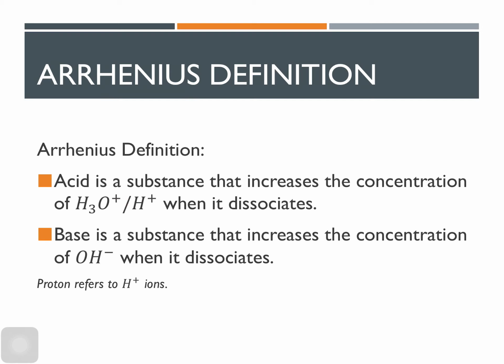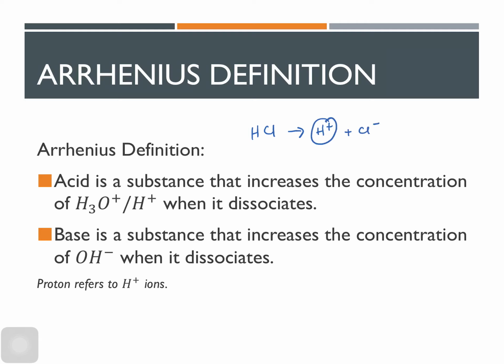For example, I have hydrochloric acid. If it dissociates into H plus, since this molecule will produce H plus upon dissociation, we can call this molecule an Arrhenius acid.